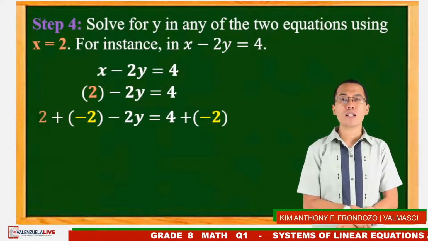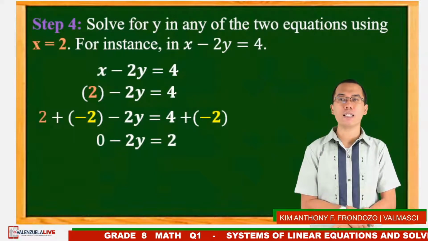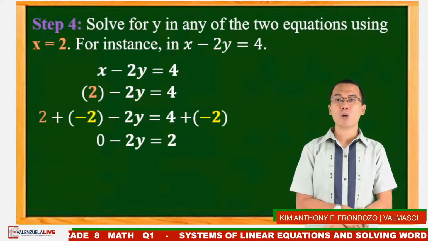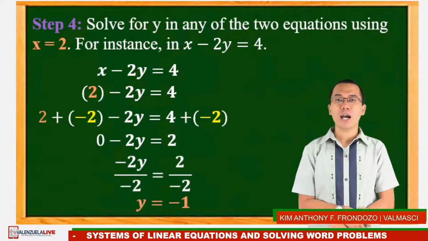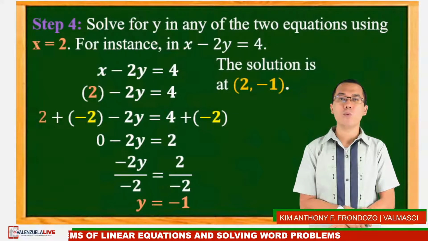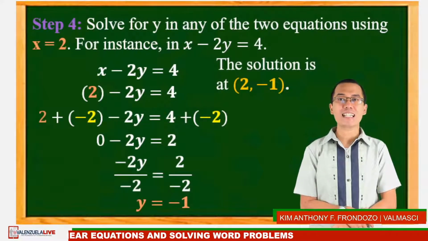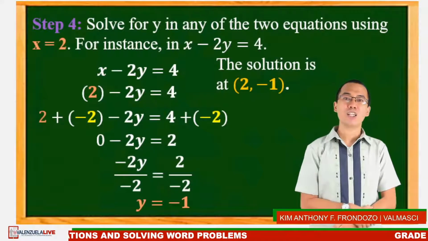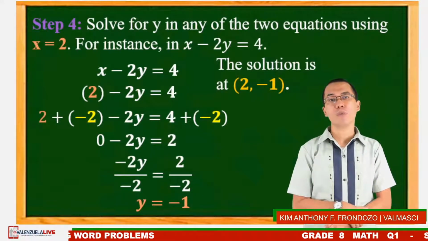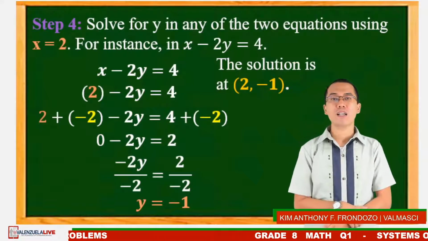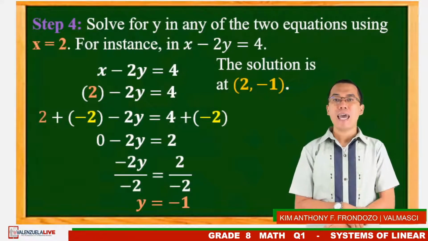So it will give us 0 minus 2y is equal to 2. Then dividing both sides of the equation by negative 2 will give us y to be equal to negative 1. So the solution is 2 comma negative 1. So it means that we can use any of the two methods and we will still arrive with the same answer.